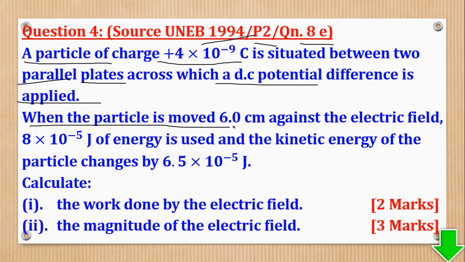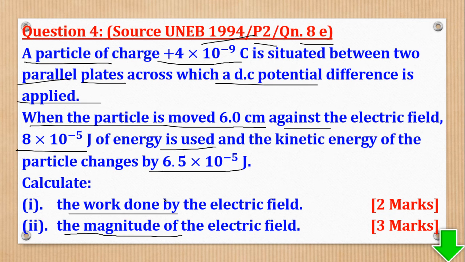When the particle is moved 6 centimeters against the electric field, this work done, 8 exponent negative 5 joules of energy is used, and kinetic energy of the particle changes by this. Calculate Roman 1, the work done by the electric field, and Roman 2, the magnitude of the electric field.